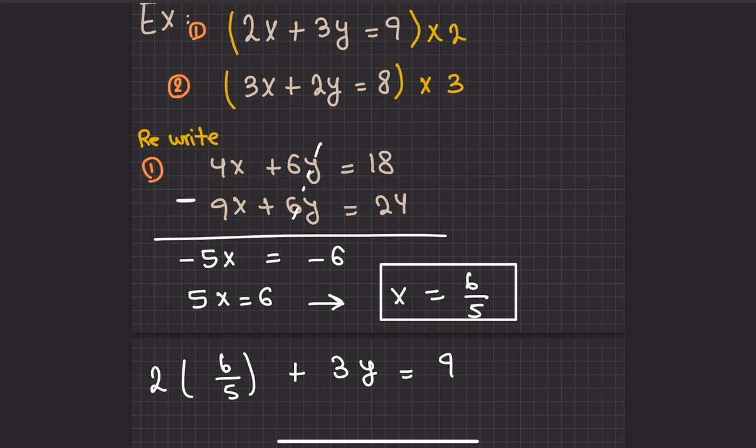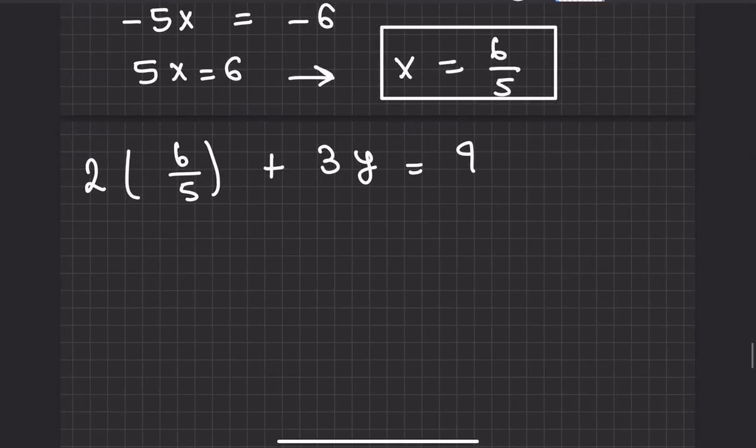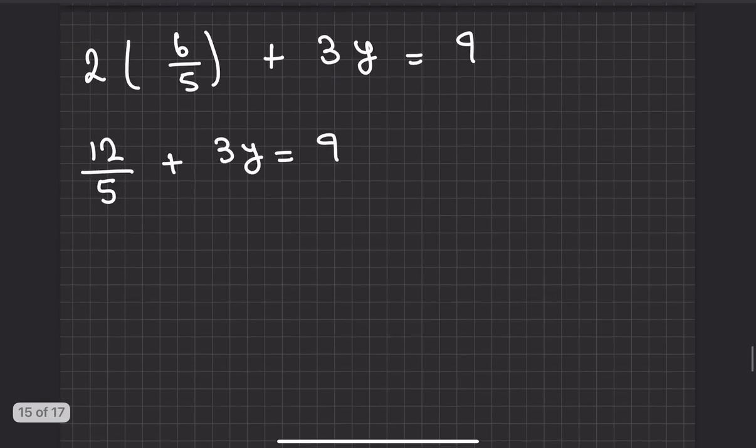Remember, when you want to plug it in, you have to plug into the original format, not the rewritten format. The denominator is 1, so it's going to be 2 times 6, 12, divided by 5 plus 3y equals 9.